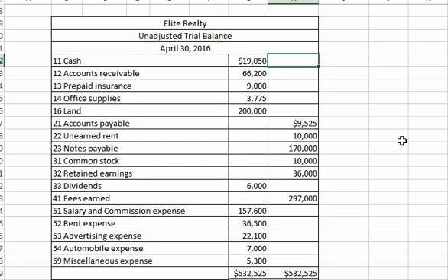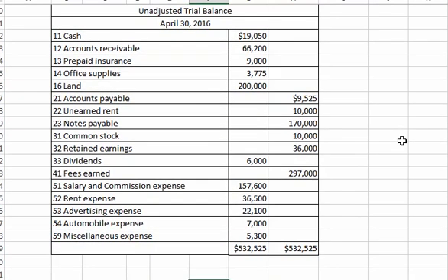We listed all the accounts from the ledger along with their account number and their balance as of April 30th, 2016. And if you'll notice, when we finished here, the debit column total and the credit column total are equal, $532,525.